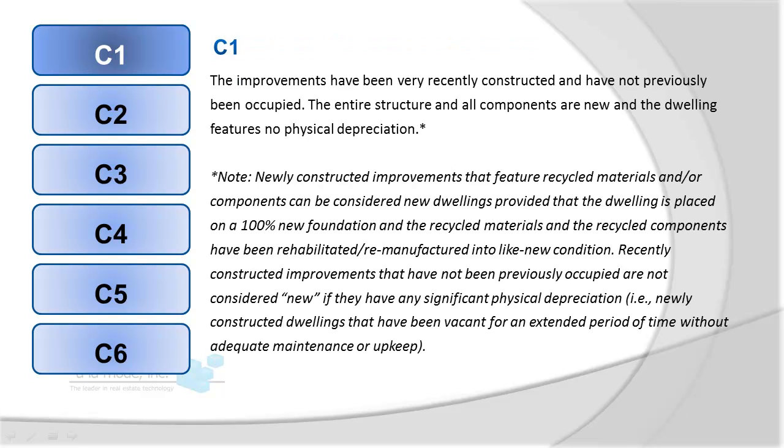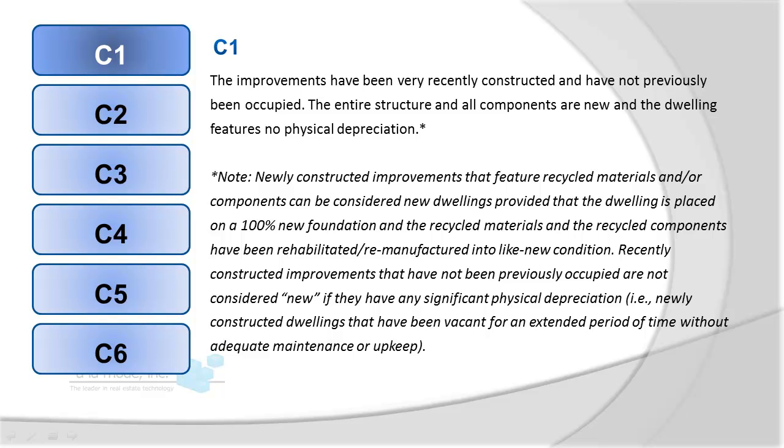Let's take a look here at C1. This is essentially, for those of you who are reading this, basically new construction. No physical depreciation. Now, of course, the notes here, and by the way, this is not my text at all, this is part of the definition of C1. Fannie Mae and Freddie Mac give you 2 what-ifs to help you out here. We don't see a lot of this in Oklahoma, but apparently it's fairly common in California to use recycled or remanufactured or rehabilitated components.